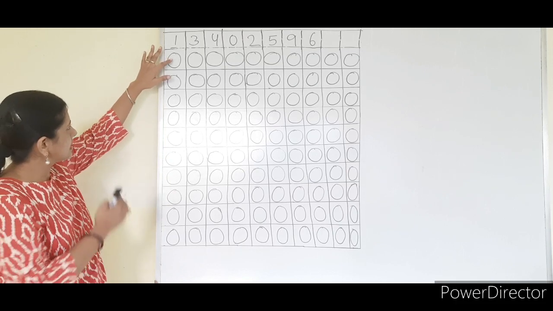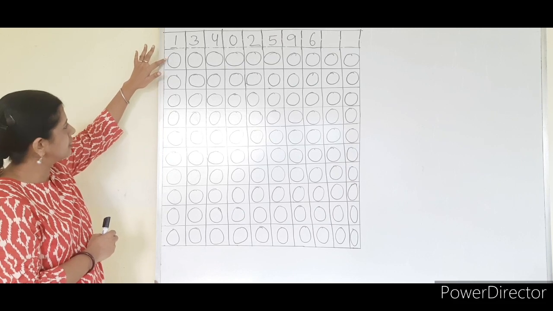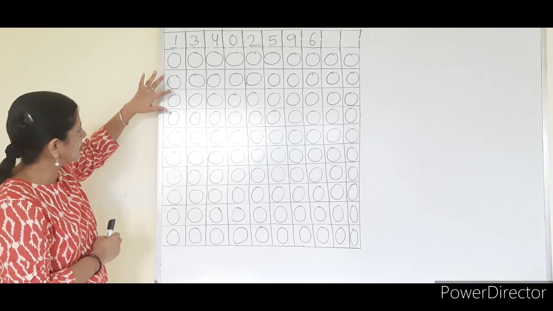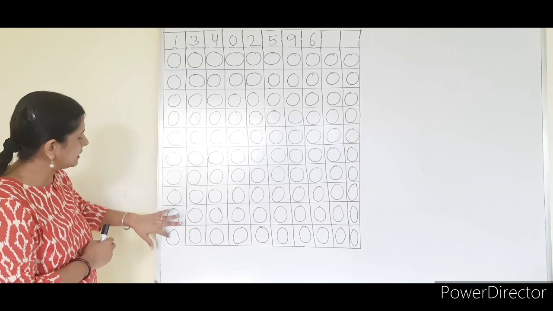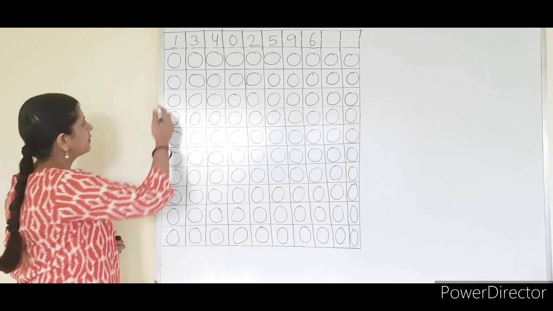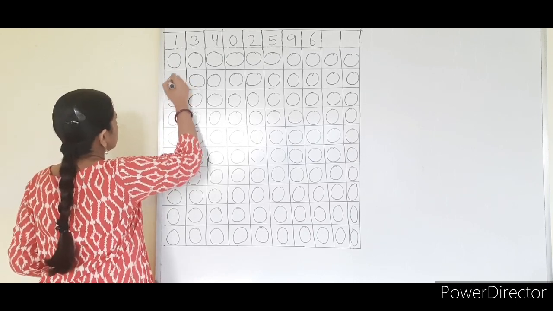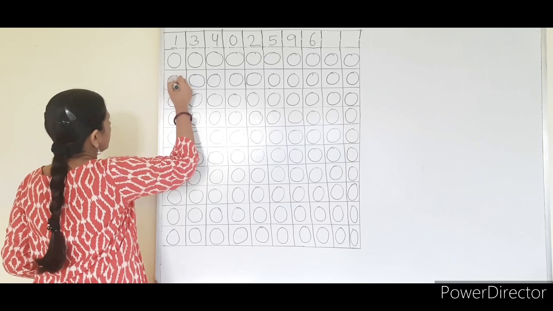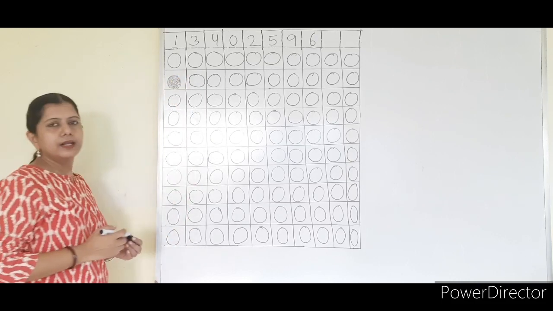The first one stands for 0, this one stands for 1, this is 2, 3, 4, 5, 6, 7, 8, 9. Your roll number starts with 1, so you fill up this one completely.